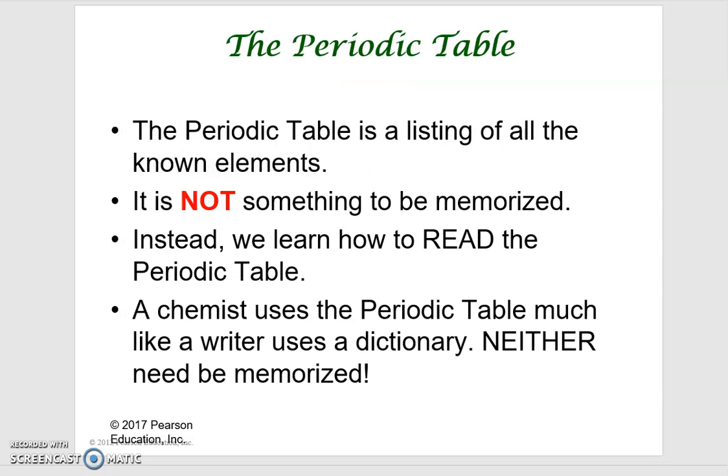Now, the last topic. I will not have time to finish everything here, but let's start our discussion about the periodic table. What is the periodic table? It is a listing of all the elements we know. The good news is that you don't have to remember the periodic table. Since everyone is going to do the homework, quiz, and exam at home, just let you know where to find it.